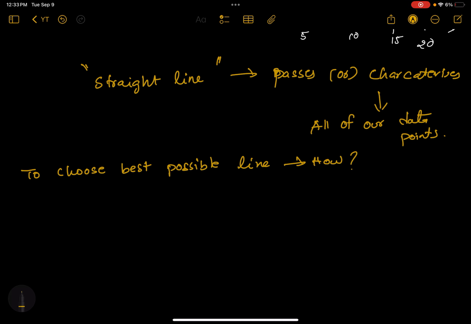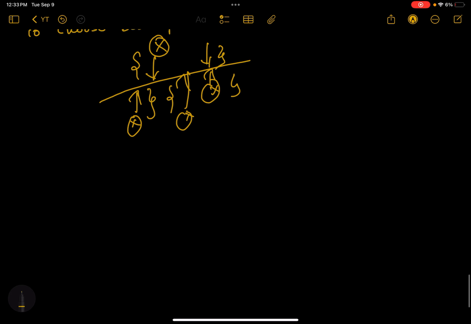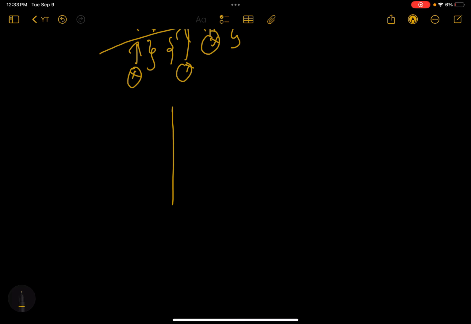I'll draw a line and check the distance between my points and the line. So these are my points, and this is my line. I'll be finding the distance between these points and the line. So it will be like this.